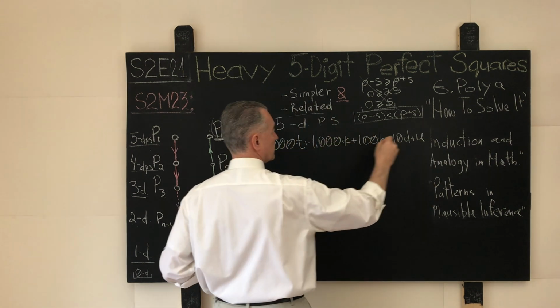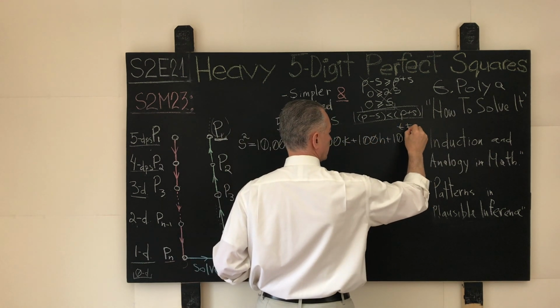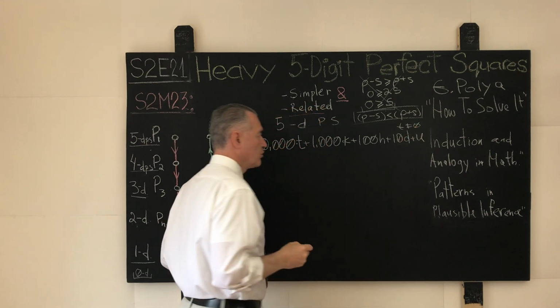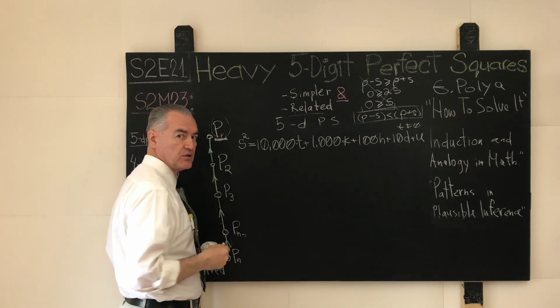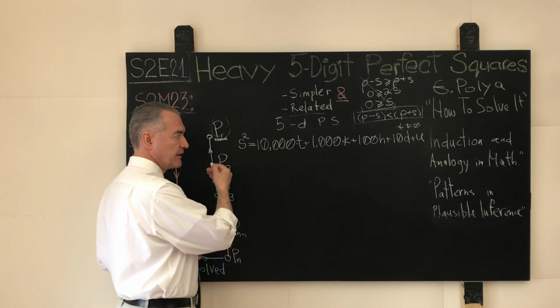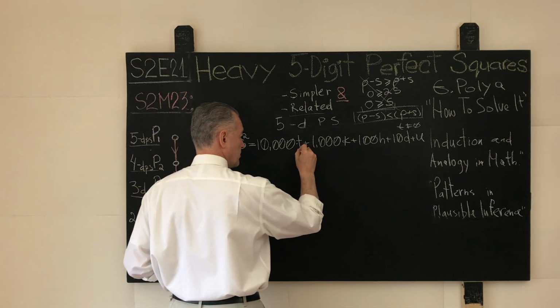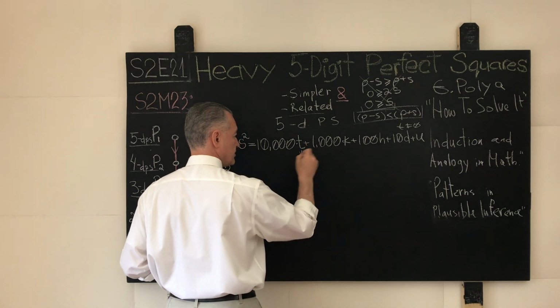We also demand that t is not 0. We understand that now when we apply the transformation to this perfect square that is baked into the problem statement, we basically take every digit over here.